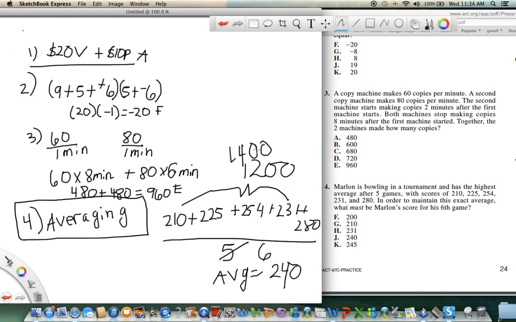So basically what you can do is take the difference between these two numbers and know that his last score would have to be a 200 to maintain the 240, because 240 times 6 is 1,400, which means the sum of all the numbers up here must equal 1,400. Well, right now they equal 1,200, and the difference is 200. So your answer should be F, 200. And I know that a lot of people would probably just naturally answer 240.